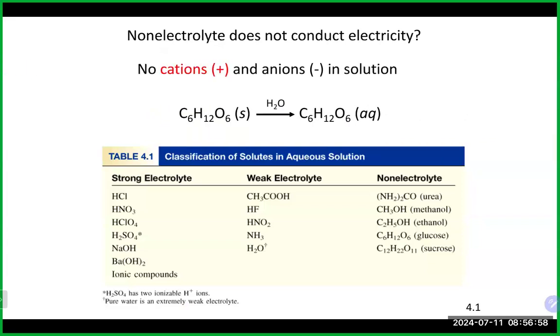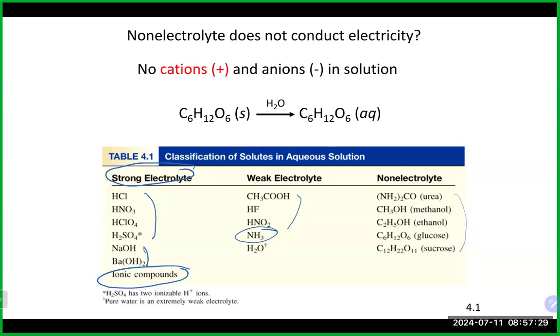Non-electrolytes, as I mentioned, will not have any type of ions present and will not conduct electricity. Here's a table. You probably have a similar one in your book. As I mentioned, strong electrolytes include a lot of strong acids, some strong bases, and ionic compounds. Weak electrolytes are really some weak acids: acetic acid, hydrofluoric acid, nitrous acid, a weak base like ammonia, and water in a sense as well.